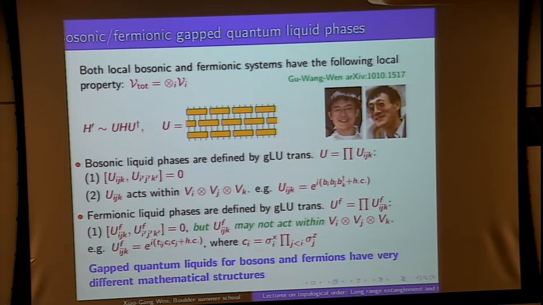Those Fermion operators kind of commute when they're far away. Then you ask, do you have a local operator representation of a Fermion hopping operator? The answer is that in one dimension you have, in higher dimension you don't have. So although those Fermion operators commute far away, there is no local operator representation of that.